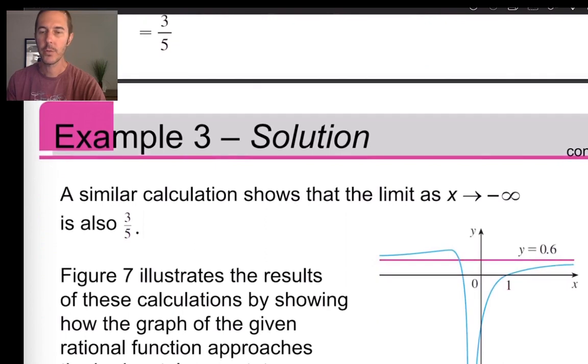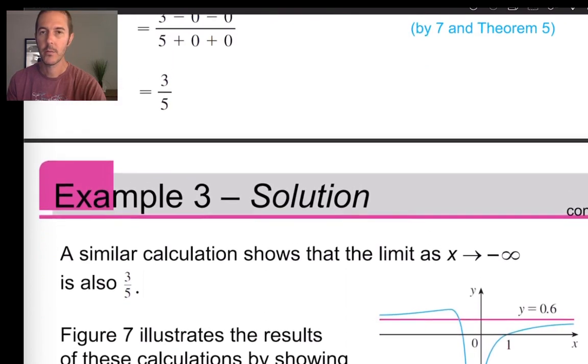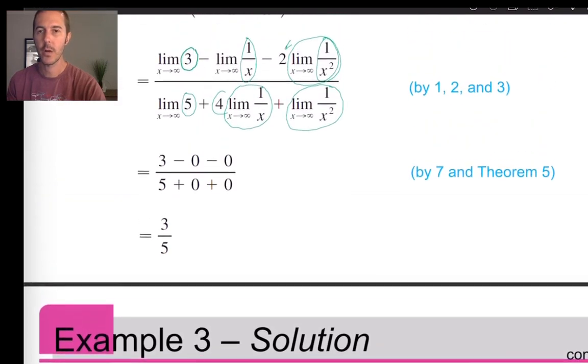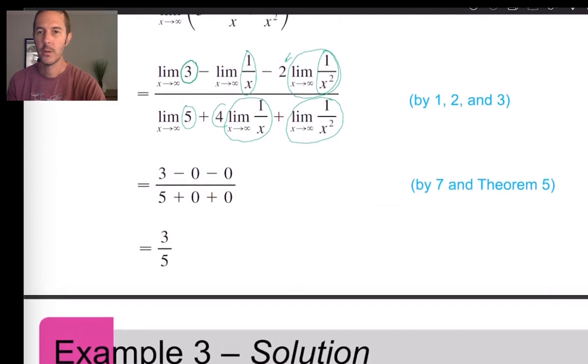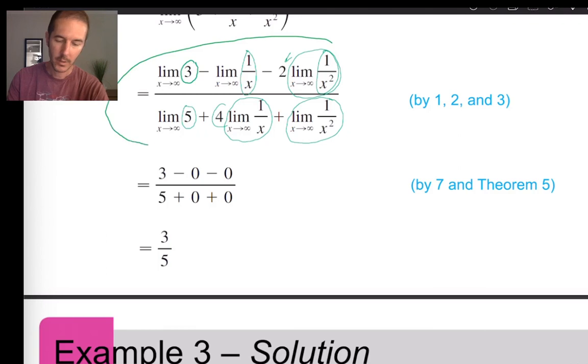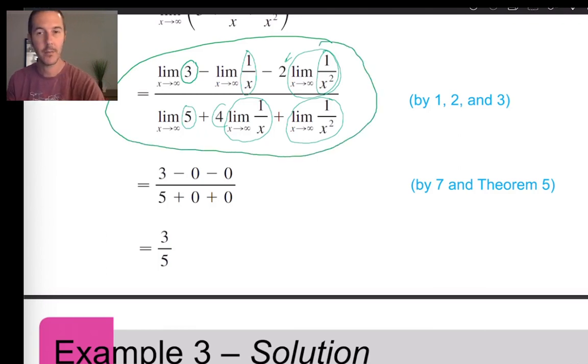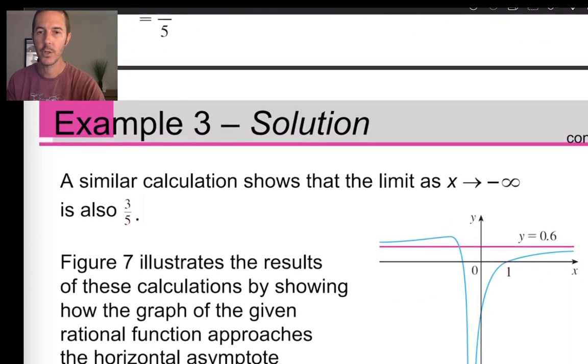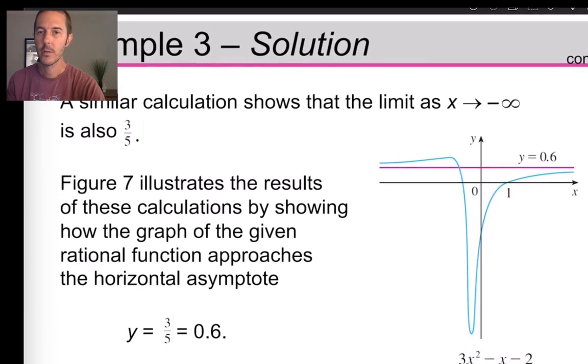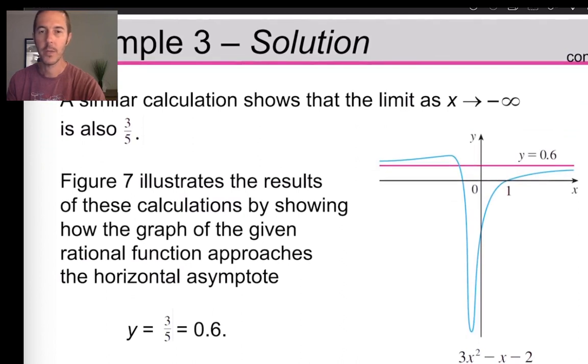If we were to go through the motions and sort of tear apart our original rational function like this, except instead of x going to positive infinity, if we sent it off to negative infinity, we would see that the same result is reached, that your y values or your limit would be approaching positive 3/5.